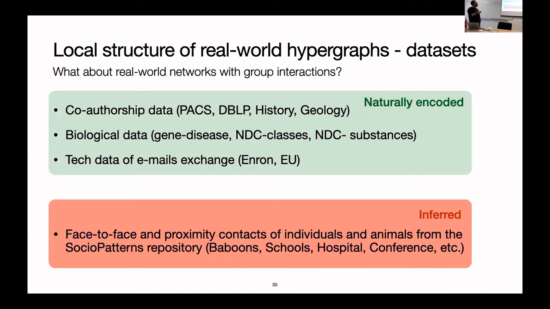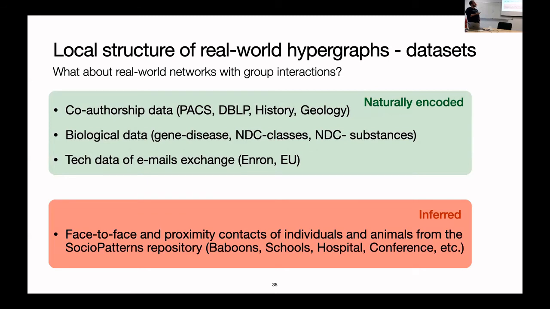Okay, so we collected some datasets of real-world hypergraphs, data that are naturally encoded as hypergraphs. For example, authorship data. We used data about physics papers or computer science papers, history, geology. We used some biological data, which is not really biological, it's more affiliation data. For example, drugs related to some disease or genes related to some disease.